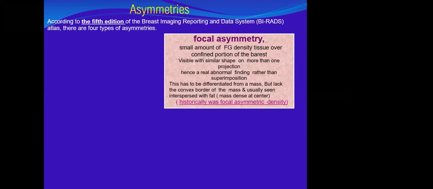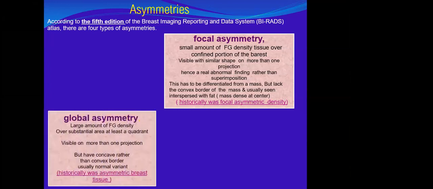Being seen in 2 different projections means it is real, but differentiation from a mass is that it lacks the convex border and usually you might see interspersed fat within, while the mass is radiodense at its center.